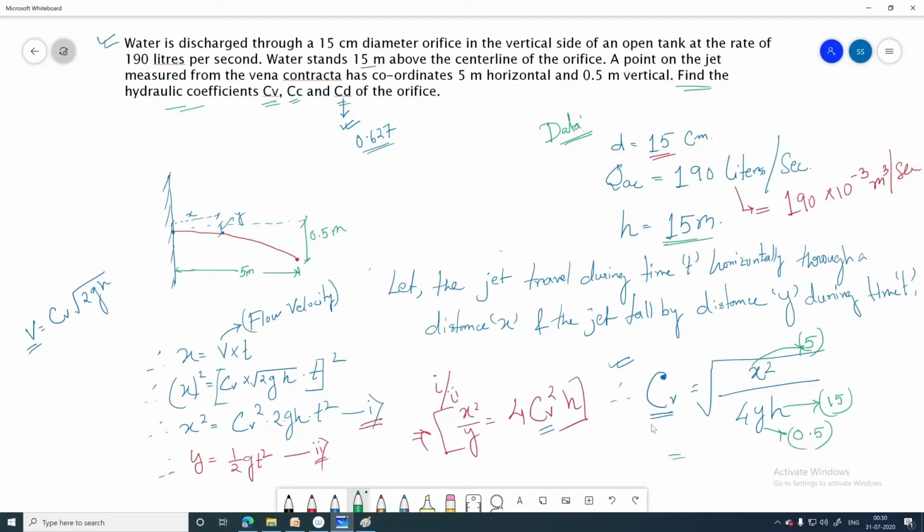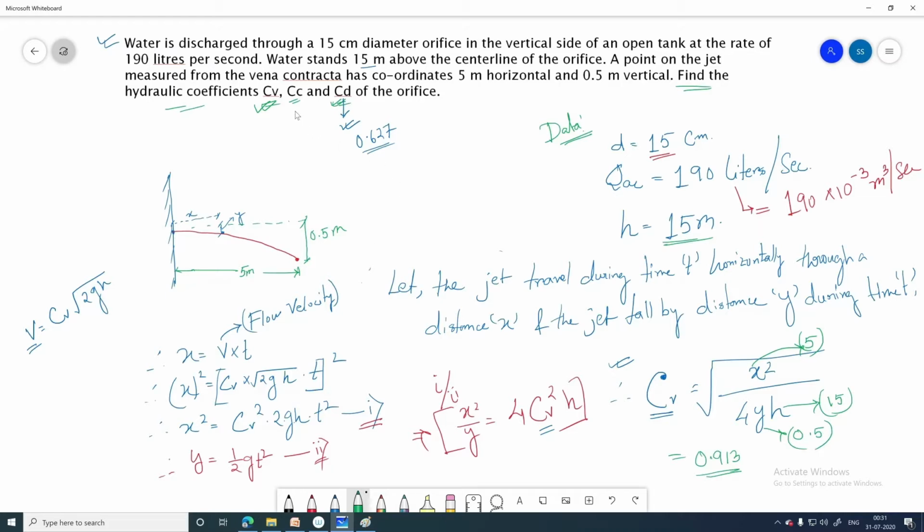Now, very simple. You just solve it and you will get the value of Cv, that is 0.913.